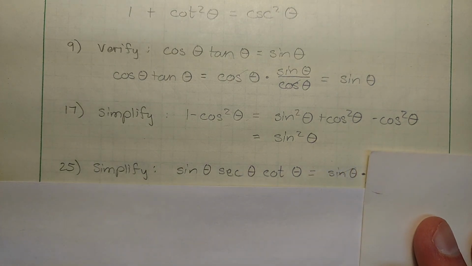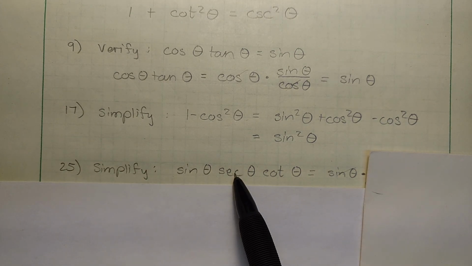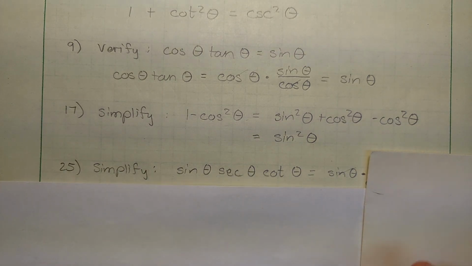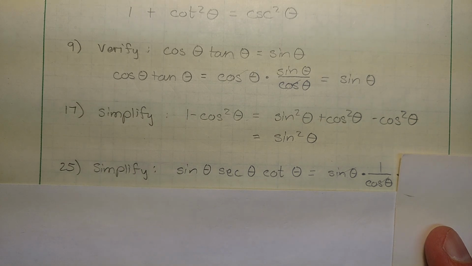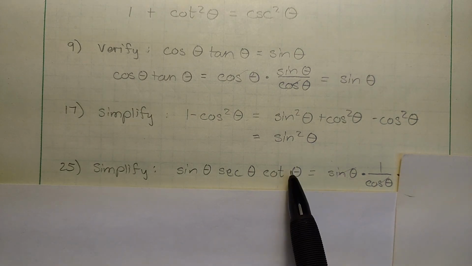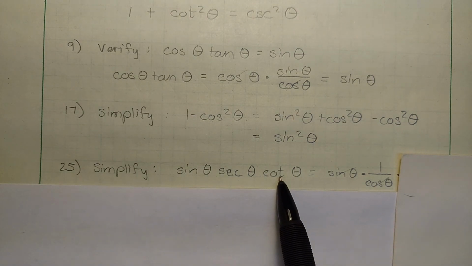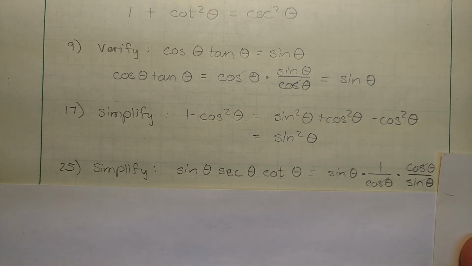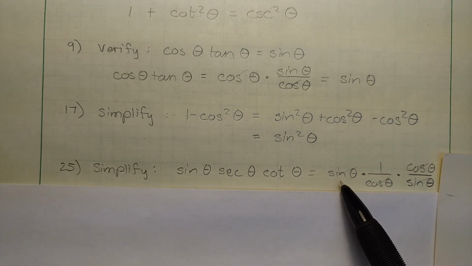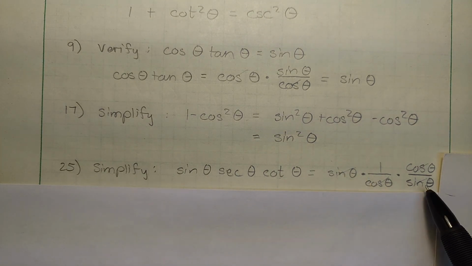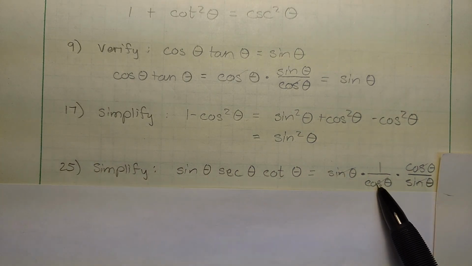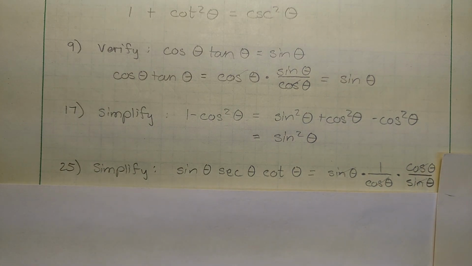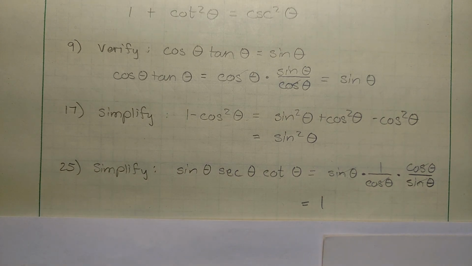I'm going to call this the sine of theta times, and I know this is the reciprocal of cosine, so it's going to be 1 over cosine. And then this is going to be using the quotient identity, cosine over sine. So doing that, I notice that sine in the numerator cancels with sine in the denominator. Cosine in the numerator cancels with cosine in the denominator. Everything cancels out. It equals 1. That simple.